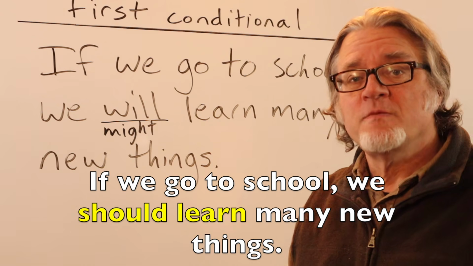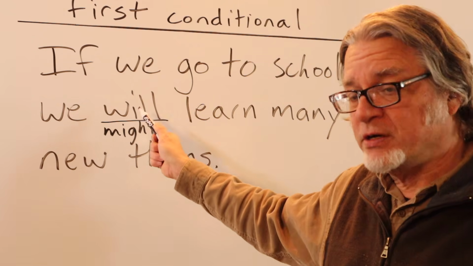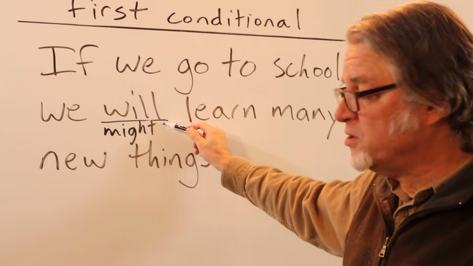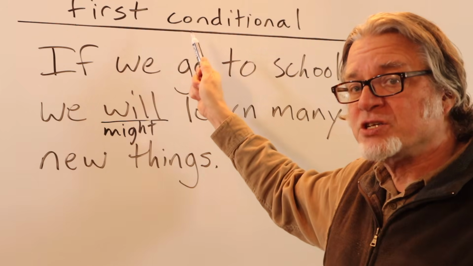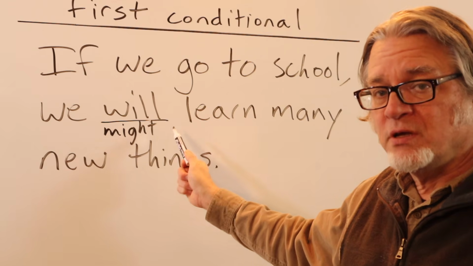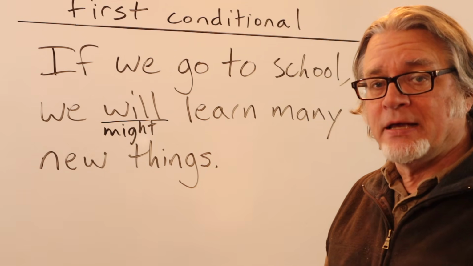We could learn many new things. I think will is probably the best choice here, but there are other possibilities for modal verbs in the first conditional. This is for a future situation, but it could be for any situation at any time.